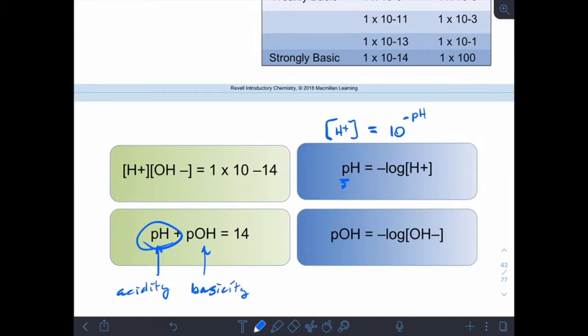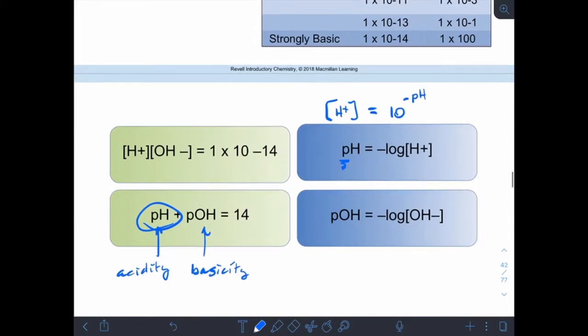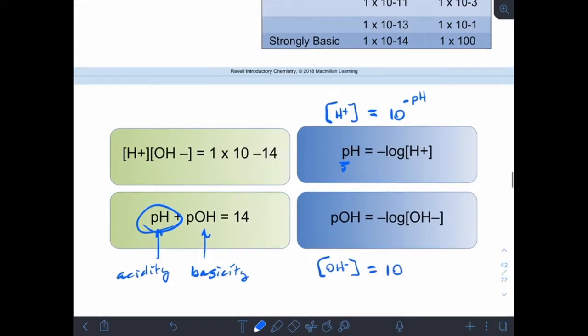And I can do the same thing with the pOH: the OH minus concentration is 10 to the negative pOH.